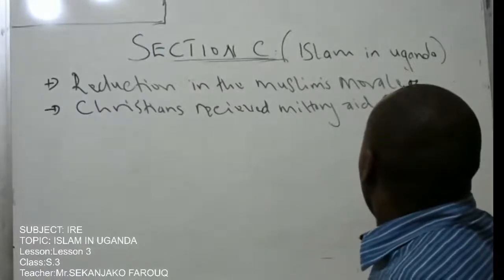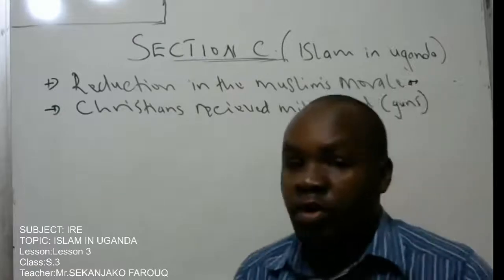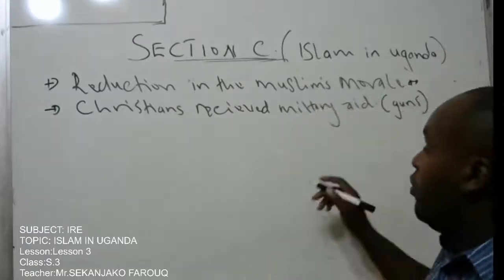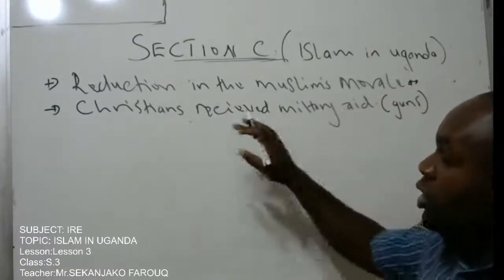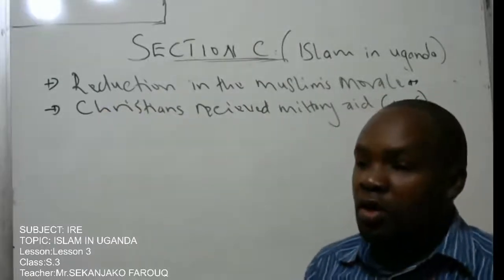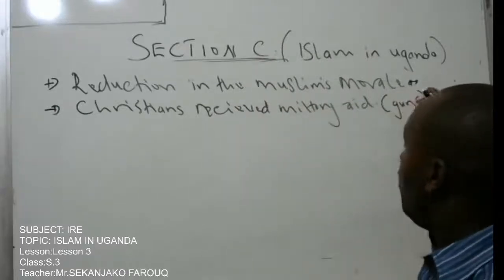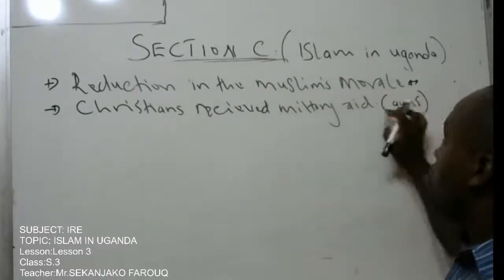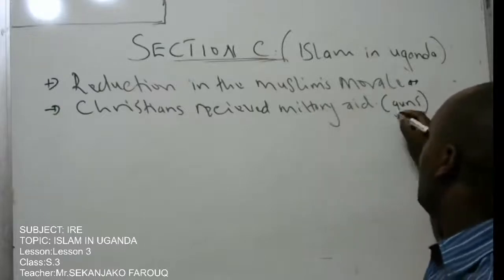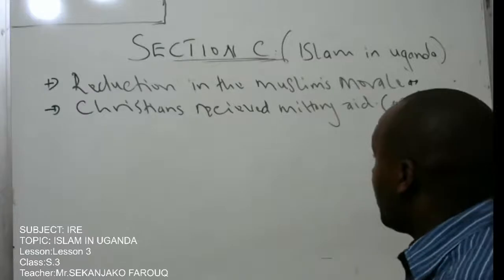By talking of aid, I'm talking about guns, which were used for reinforcement. And remember, during that time, the missionaries, the Christians who came in for a mission of spreading their religion, had a backup of their home country, which had to give them a lot of aid. And among the aid they had to receive was fighting weapons, also called guns.